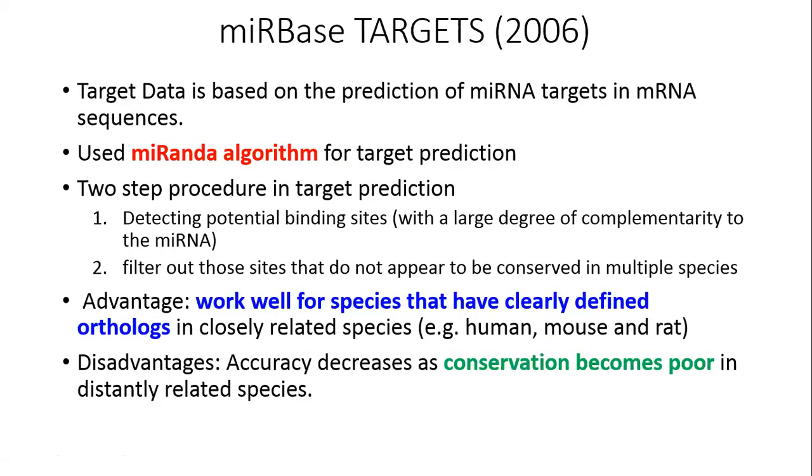Moreover, the 2006 release was one of the most important updates in terms of target detection. These people also devised an algorithm by which the target for a given miRNA could be predicted using this service.